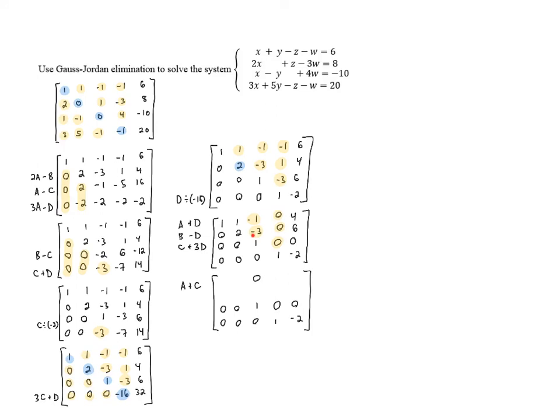And then for this one down here, we can do B plus 3 times C. If we do that, that gives us negative 3 plus 3 times 1, which is 3. Negative 3 plus 3 is 0. If you do that for all of the other elements in these rows, you get this.